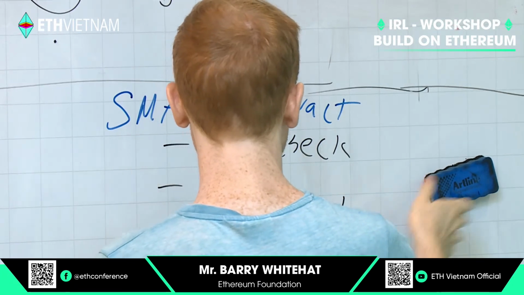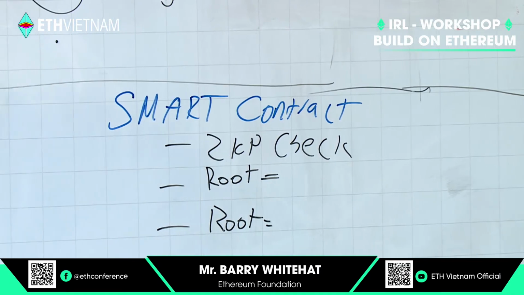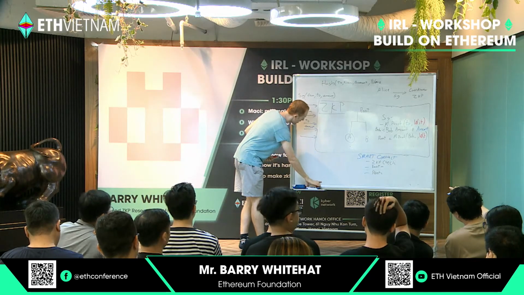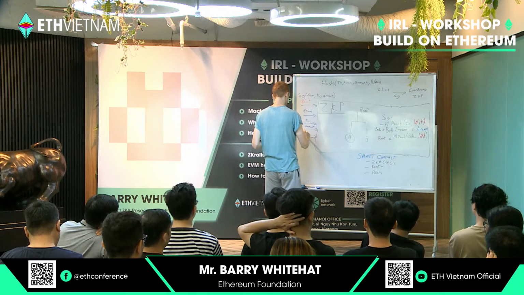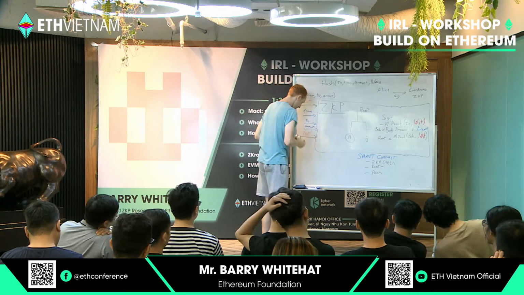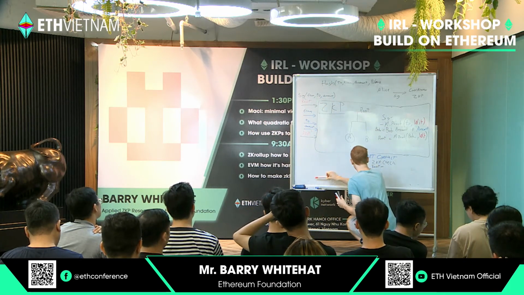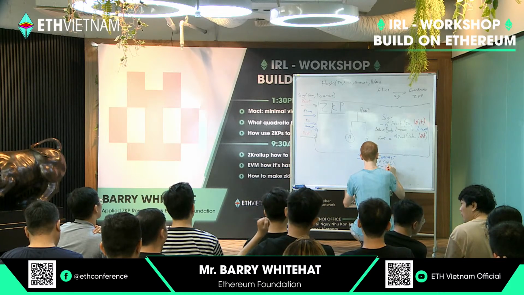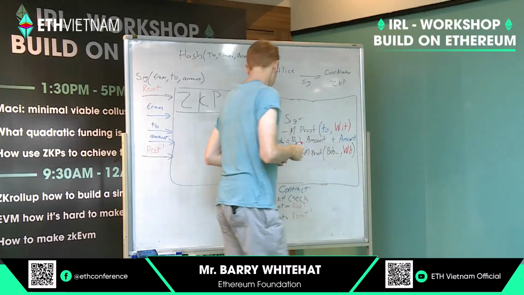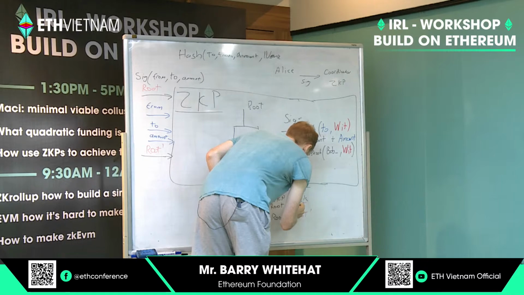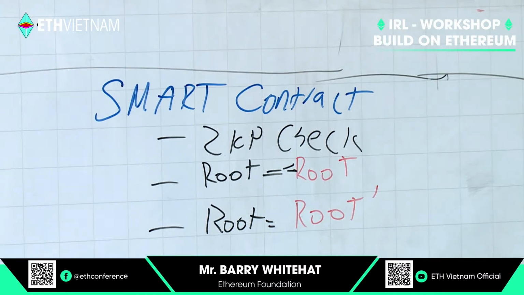Okay, so I'm going to change the colors here a little bit. I'm going to have public inputs from the smart contract to be red. Root, root prime. I'm going to have public inputs to be red, so I can have red here. Root prime. Okay, so also this is an equality check, and this is a variable change. Cool.